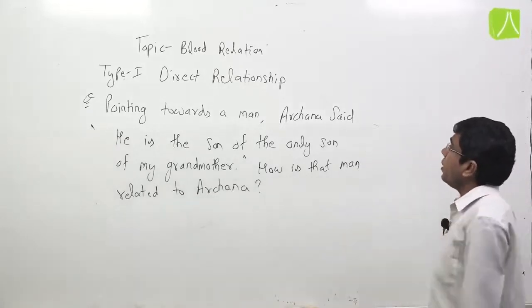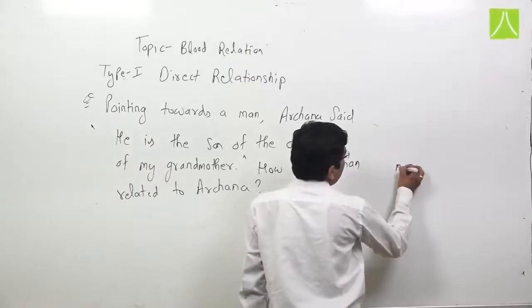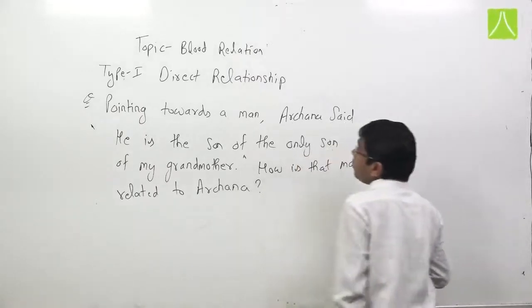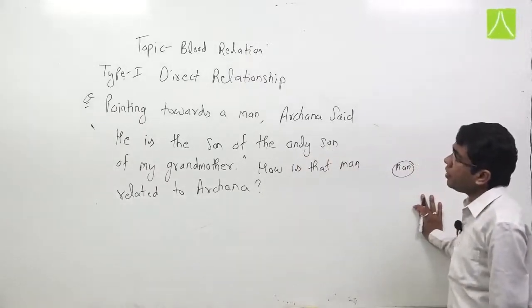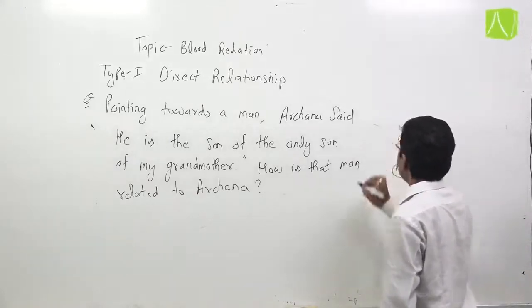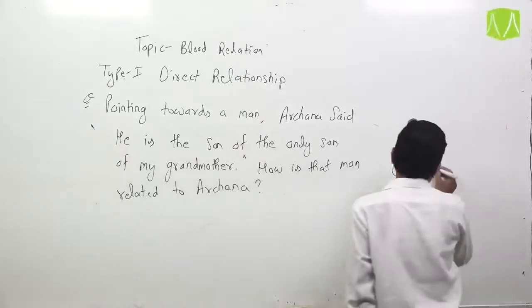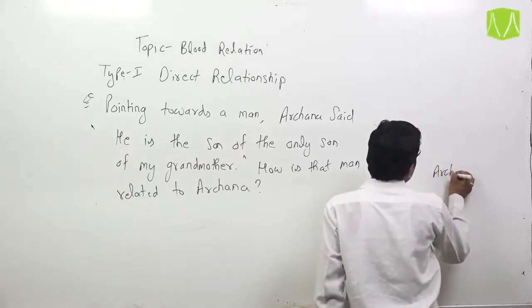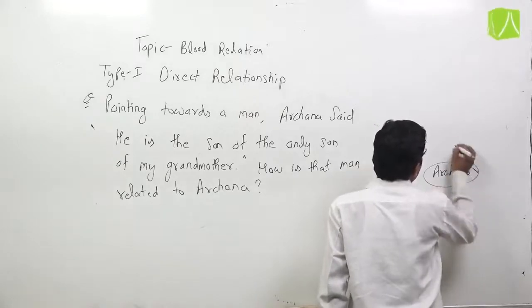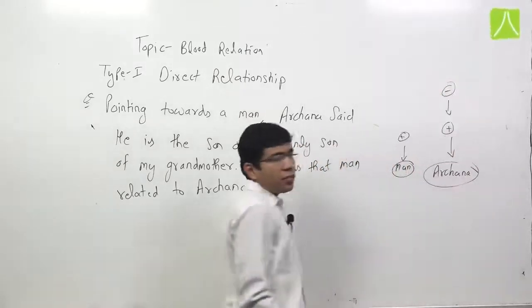According to the question, pointing towards a man, Archana said, he is the son of the only son of my grandmother. The only son of Archana's grandmother is Archana's father.